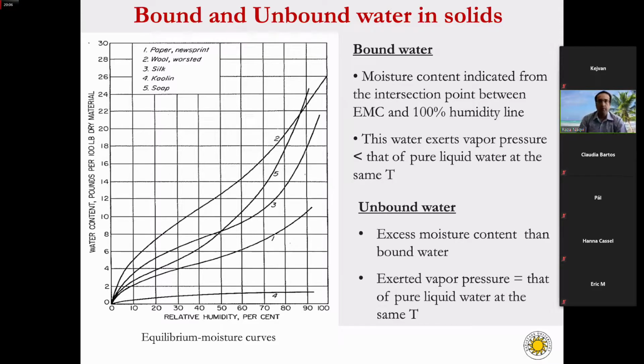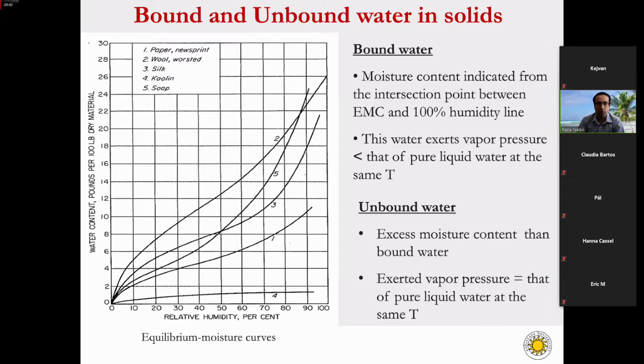We also have to understand the concept of bound water or bound moisture and unbound water or unbound moisture. If you look at the curve for number 2, which is for wool, at this point we have 100% relative humidity. At that point we have bound moisture. The moisture content indicated at the intersection point between the equilibrium moisture content curve and the 100% humidity line is the bound water.